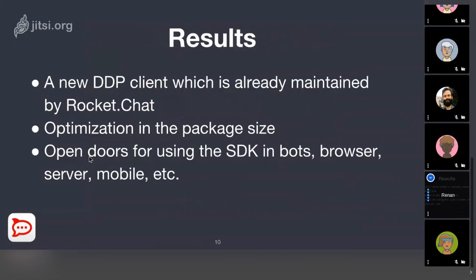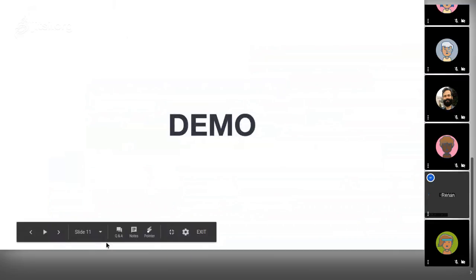And when I say mobile, I say React Native, Cordova, Ionic, etc. I prepared a demo to show you the SDK working on the browser and on a React Native client.